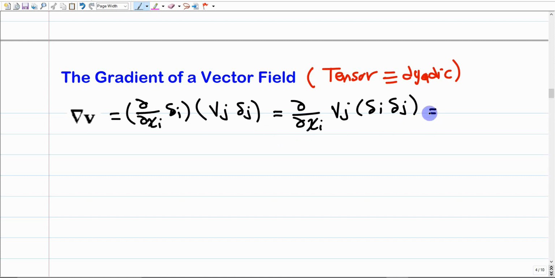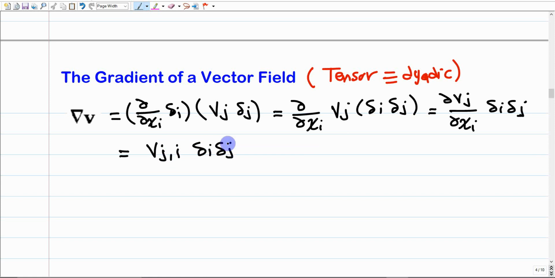So in general we have partial vj by partial xi delta i delta j. This gives us directly a tensor. How about if we rewrite this partial derivative using the comma? We have vj comma i delta j. Again, this is a tensor. I can even assume that this term is like tau ij, the symbol we used for the tensor before, right?